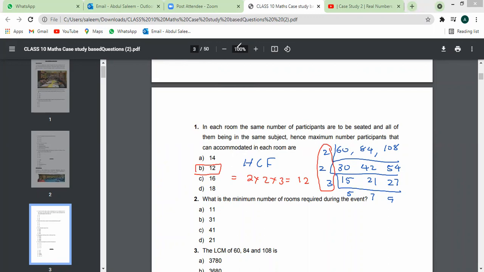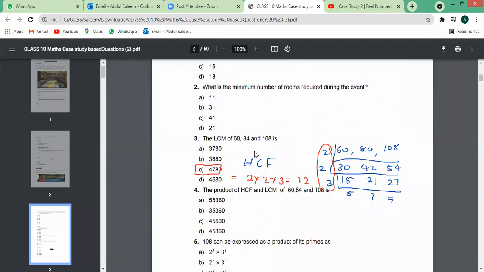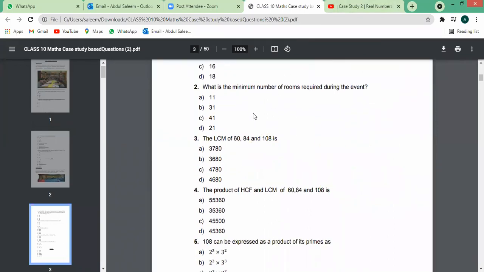And the second question is, what is the minimum number of rooms required during the event? We want to find the minimum number of rooms.